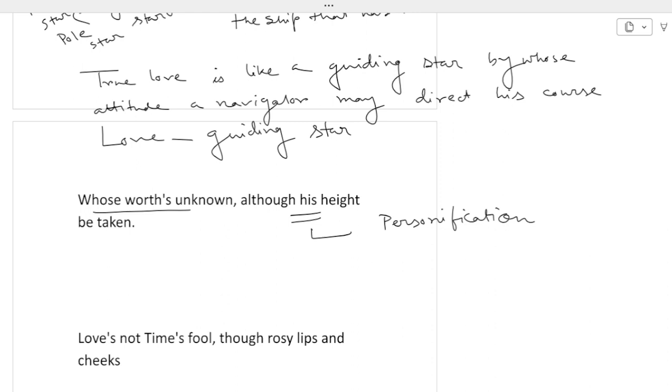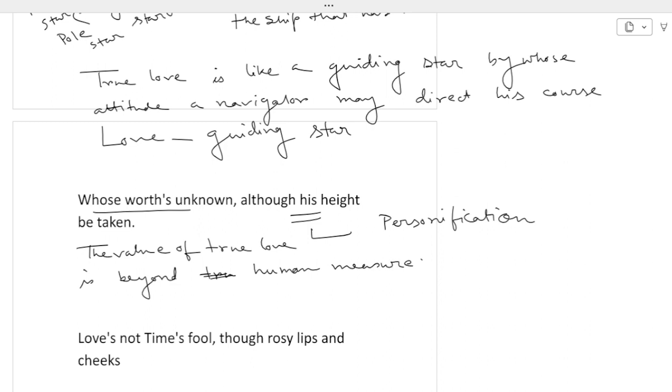The value of true love can never be completely known, although his height be taken. So "his" here refers to true love. Here love is personified.